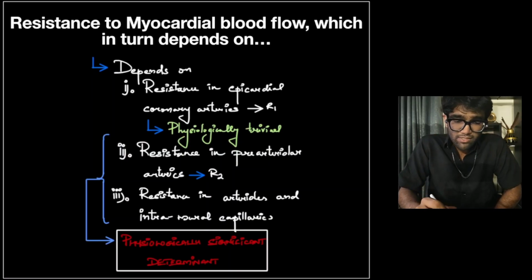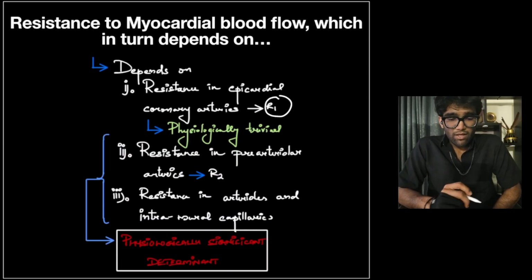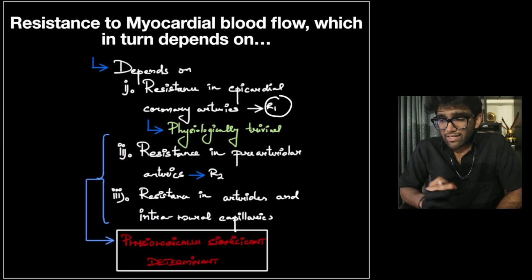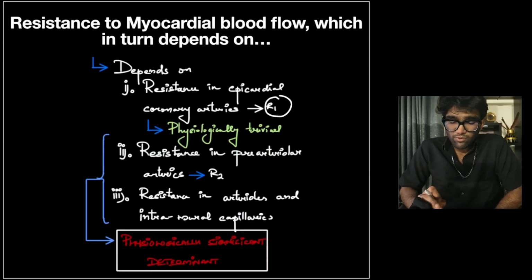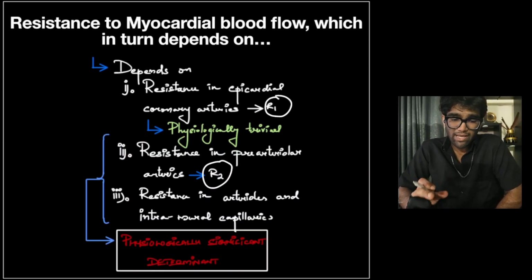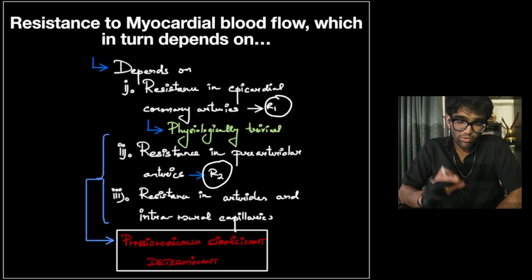This is termed R1. Now this is physiologically trivial, and in a healthy, particularly athletic individual, it is almost non-existent. Most of the resistance is within the R2 vessels, that is the precapillary or prearteriolar arteries, and within the precapillary arterioles and the intramural capillaries, that is called R3.